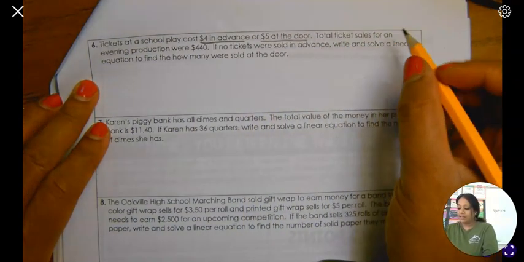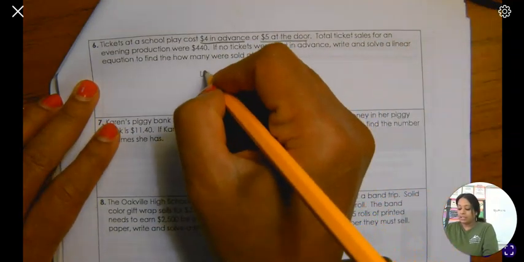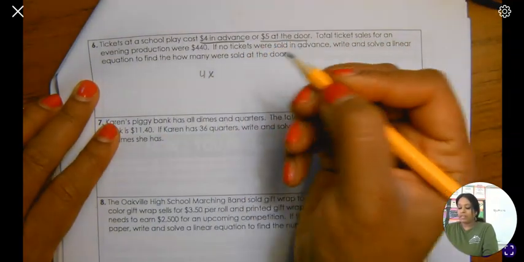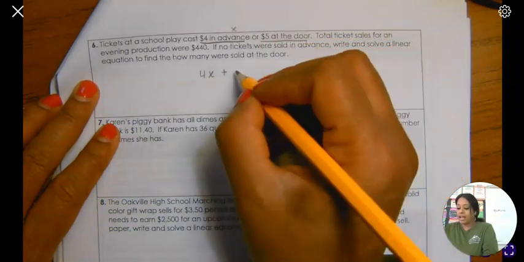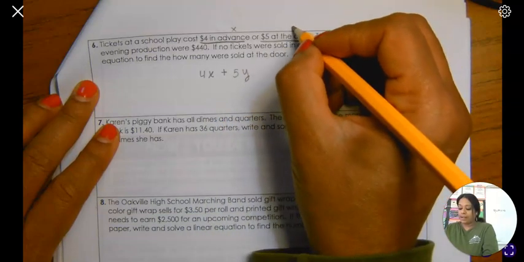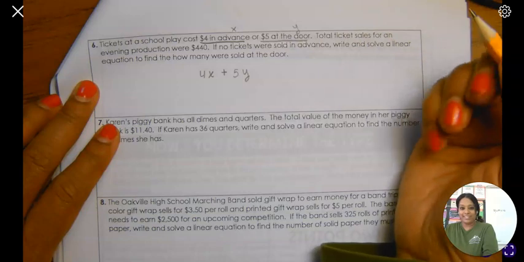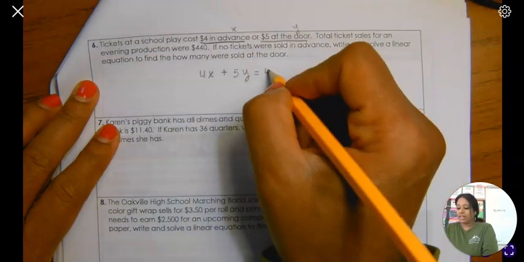Total ticket sales for an evening production cost $440. So it looks like I have $4 for advance tickets. So I'll use that for X for advance, and then $5 at the door. So I'll just put 5y, y for the price at the door. And when I add them together, I have $440.